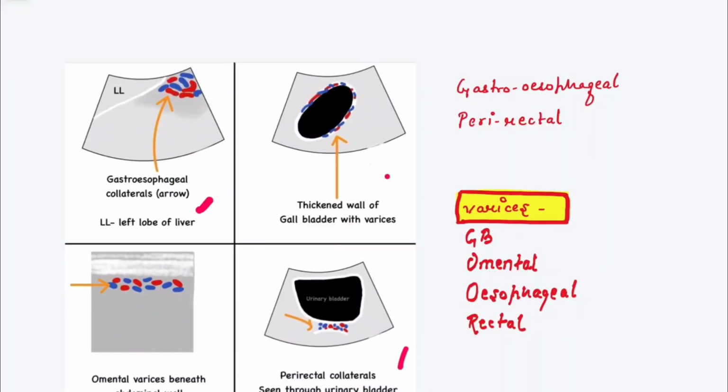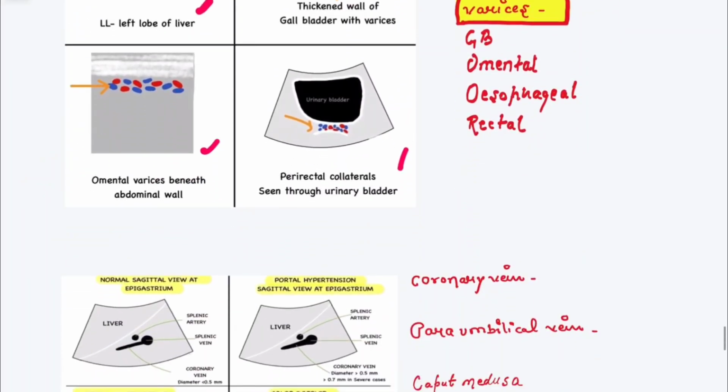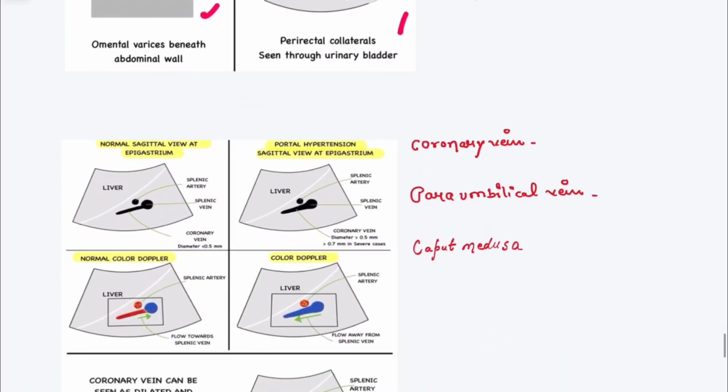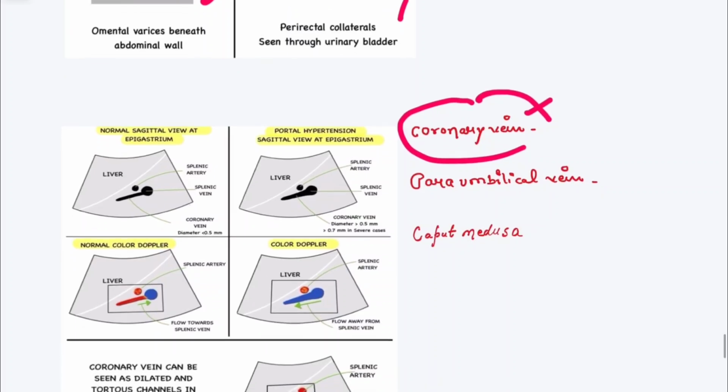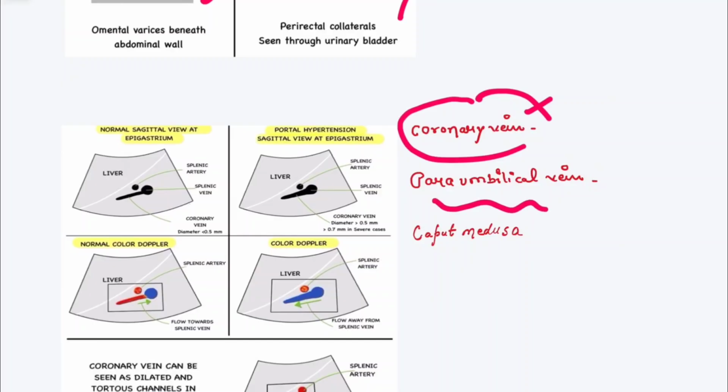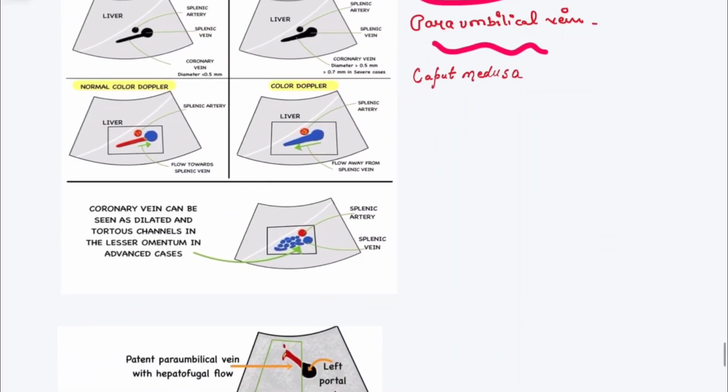There are varices along the gallbladder wall, and varices along the omental region beneath the anterior abdominal wall. The flow of the left gastric vein, also known as the coronary vein, also gets reversed, and the left coronary vein becomes dilated. There is recanalization of the paraumbilical vein, with appearance of caput medusae along the umbilicus.